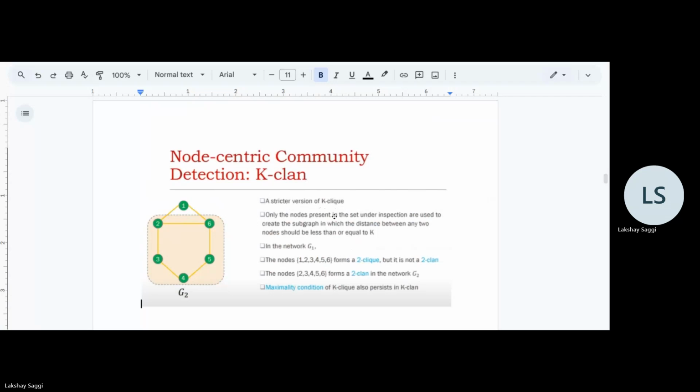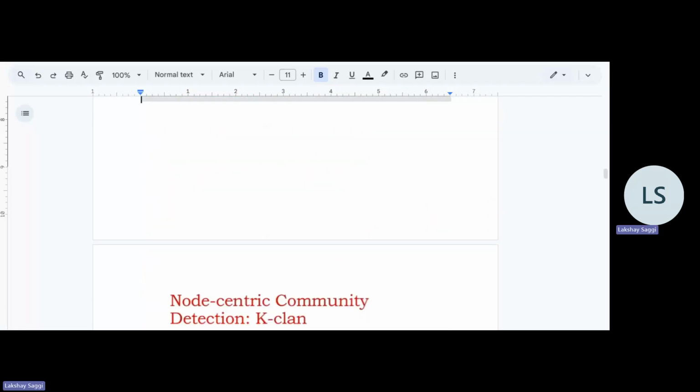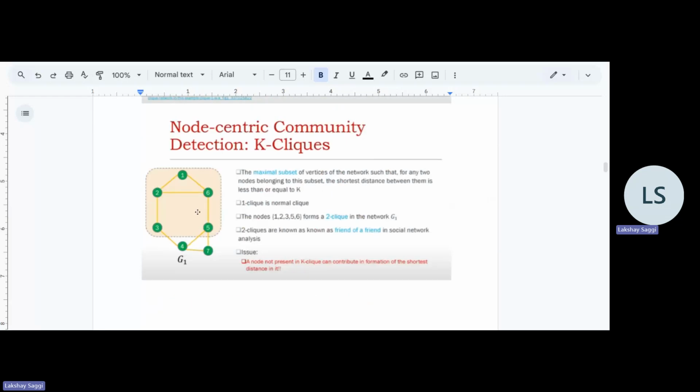So in this given network, even though this is a 2-click, because the distance between 3 and 5 is also 2, note that it's not a 2-clan, because the shortest path between 3 and 5 uses a vertex which is not part of this subset.